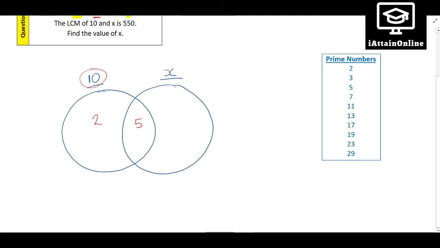Now remember, to find the lowest common multiple, we multiply all numbers in the diagram. So whatever number goes in here, we need to figure out what that number is, and then we could break it down into a product of its prime factors.